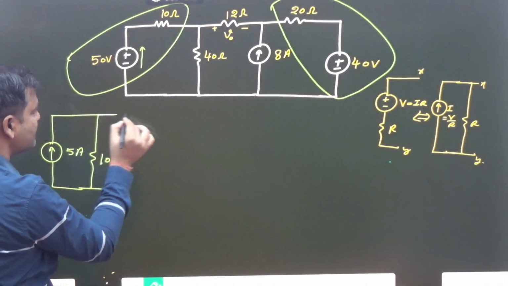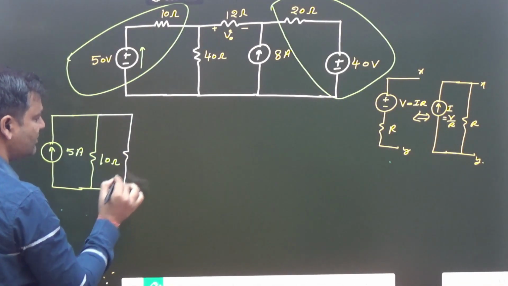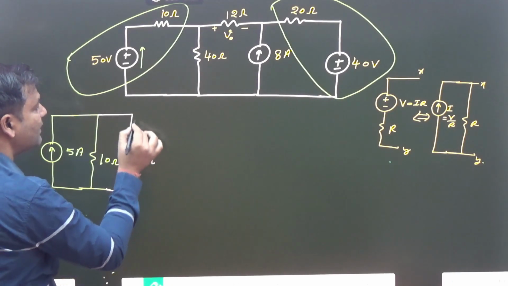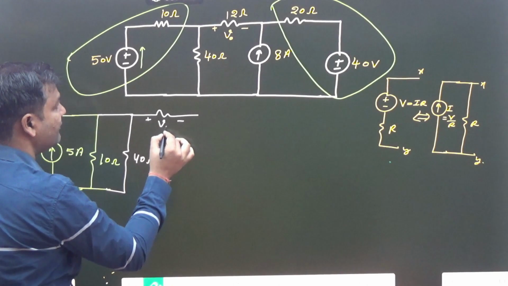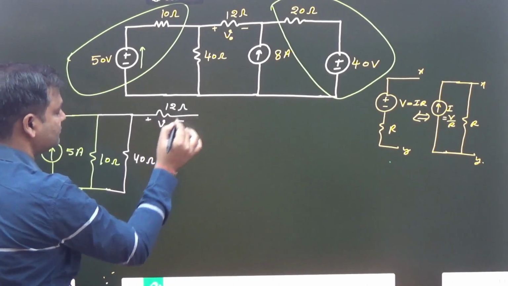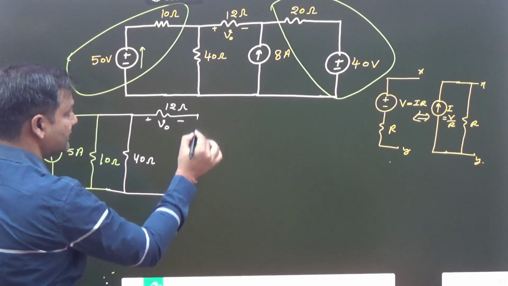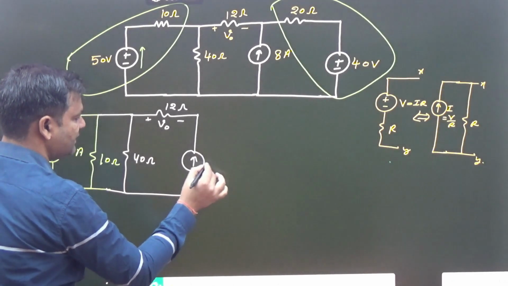After that, make that resistance, that is how much? 40 ohm, and here that is plus-minus V0, that is 12 ohm, and the connected current is how much? 8 ampere.